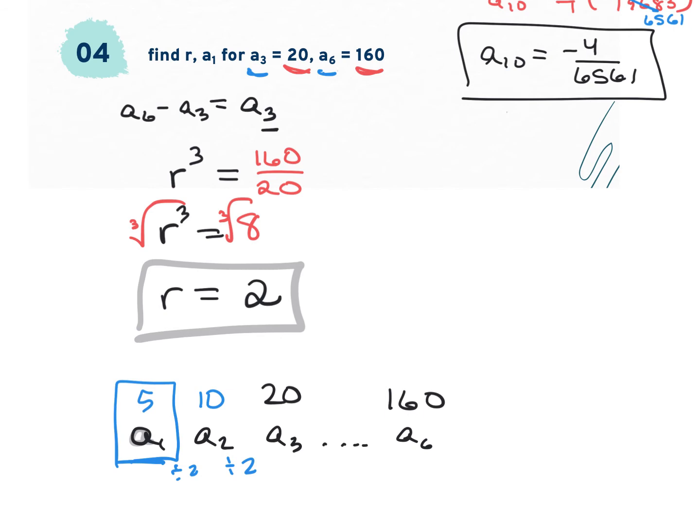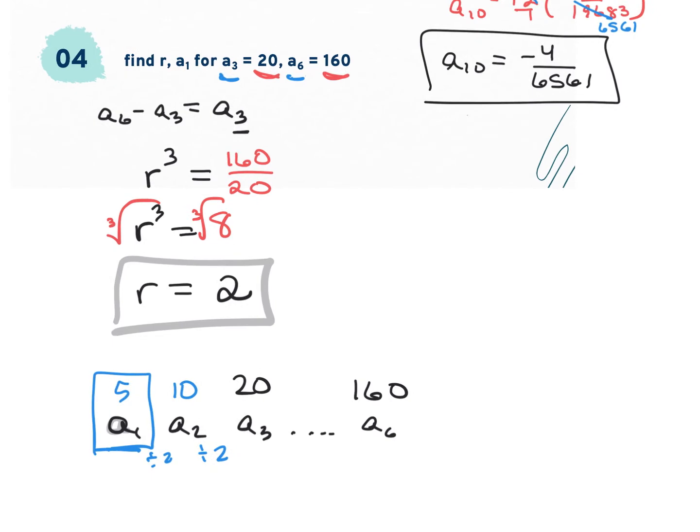However, on the test, it's not going to be this close to the beginning. So we're going to need to use the formula. Just to show you, if it was close, say it was an SAT and a non-calculator question, you could just reverse the pattern. Instead, we're going to take our formula, a sub n equals a sub 1 times the common ratio raised to the n minus 1 power.